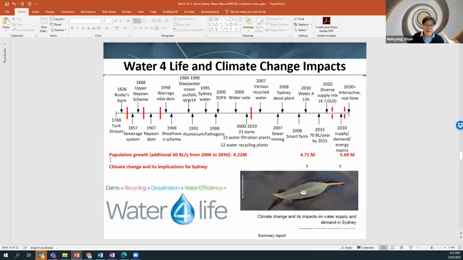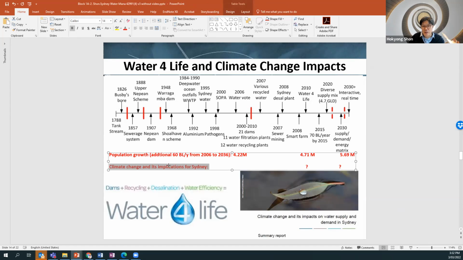You can see the population we predict is almost 5.7 million people by 2035. And still, we are not sure what the exact impact on our water source will be because of climate change, and what could be its implication for Sydney.